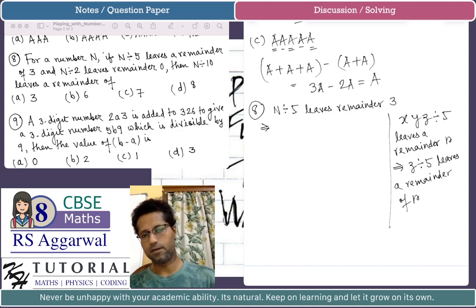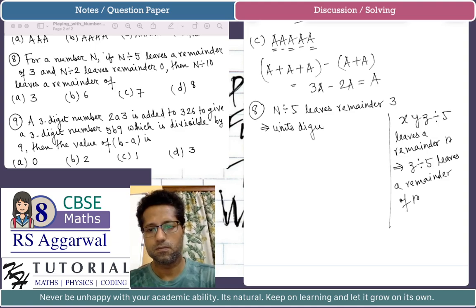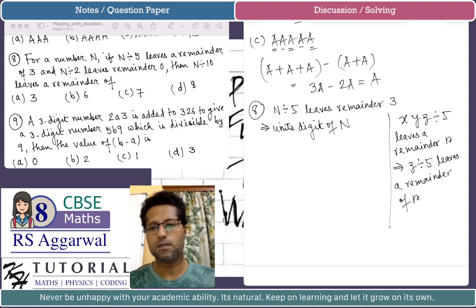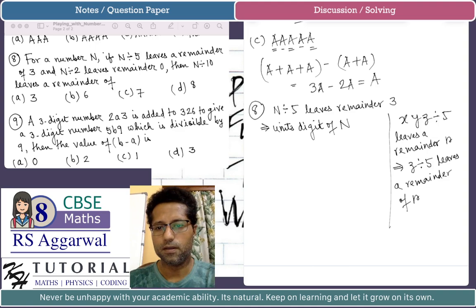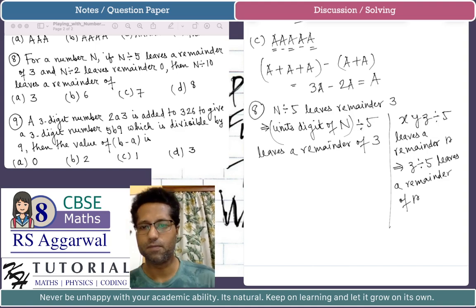So now we see that n divided by 5 leaves remainder 3 will imply that the units digit of n, when divided by 5, leaves a remainder of 3.